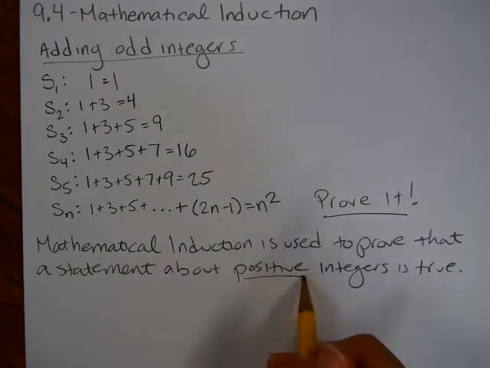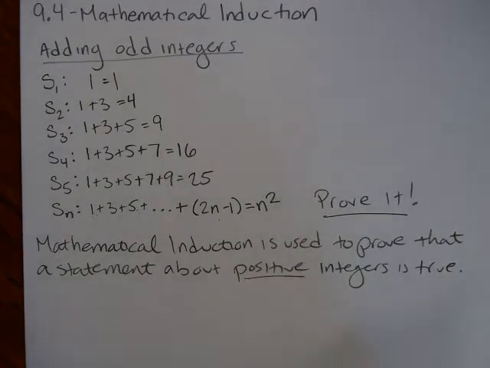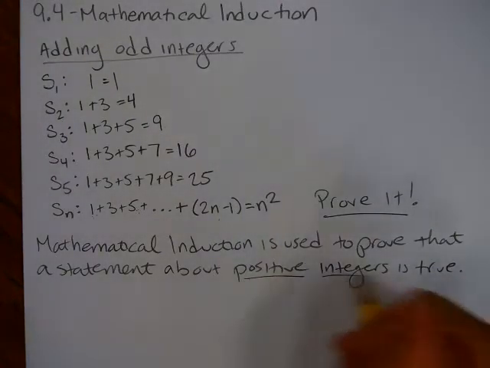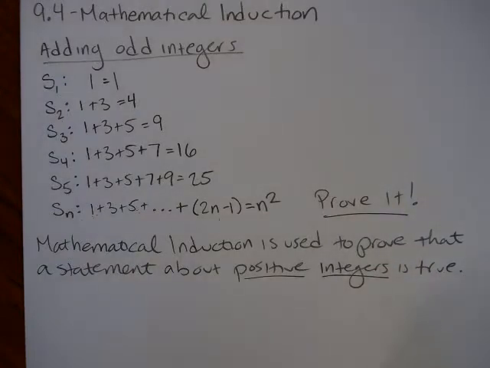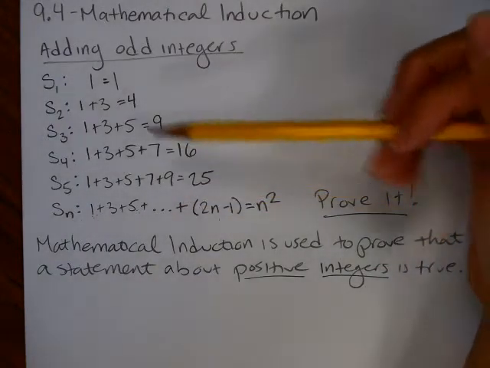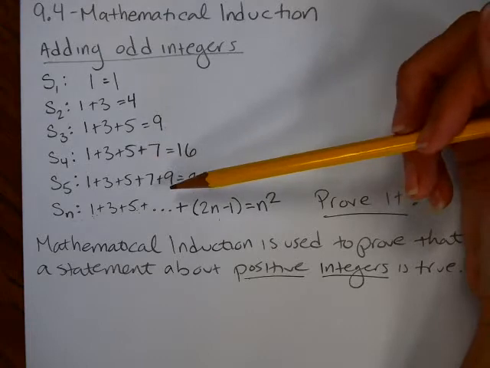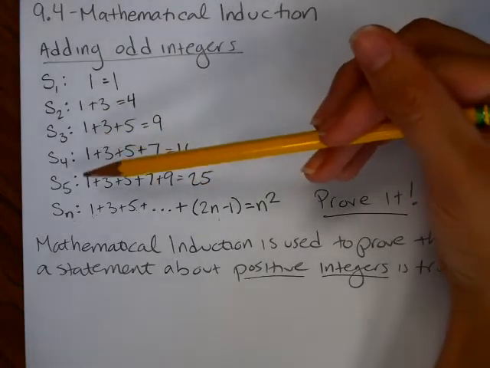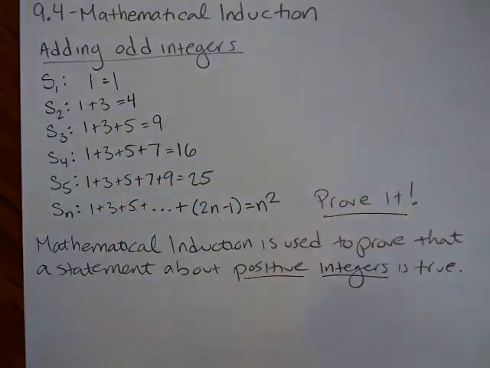So they have to be positive, so 1, 2, 3, 4, 5. And they have to be integers, so whole numbers. So notice the numbers we used as we were developing this pattern: 1, 2, 3, 4, 5, and so on. So n stands for some positive integer.